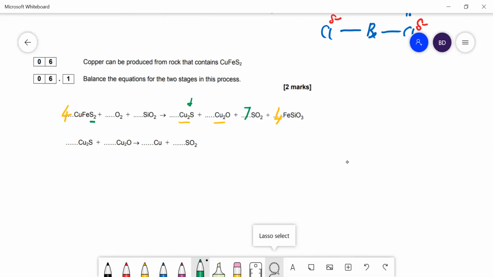Right, now let's count up the oxygens. So on the left hand side of the equation we have got 12 oxygens there, we've got 14 there, and we've got 1 there. That makes 27 oxygens. Oh, right, now before I count the oxygens up, I've got to put a 4 here.